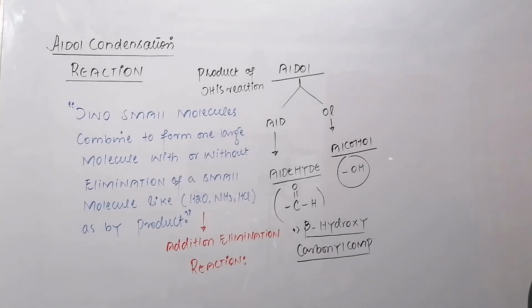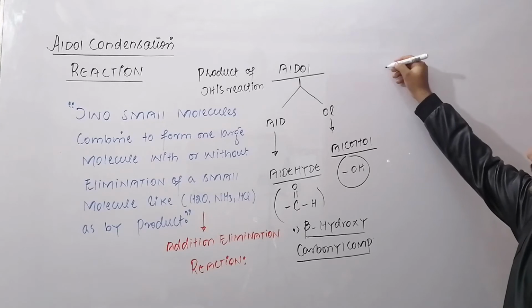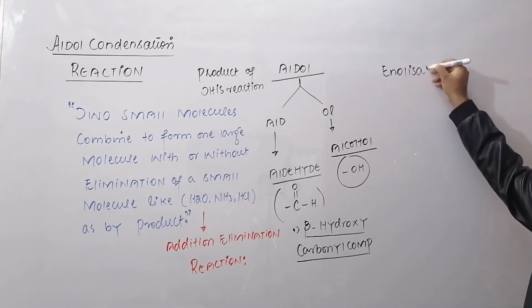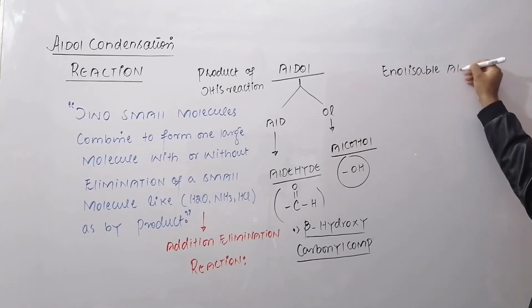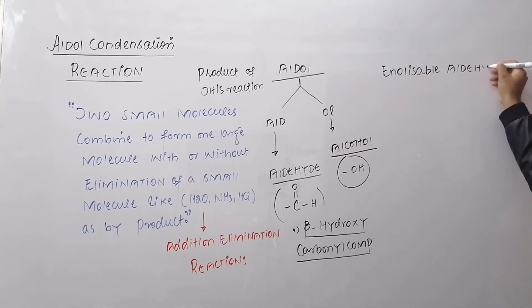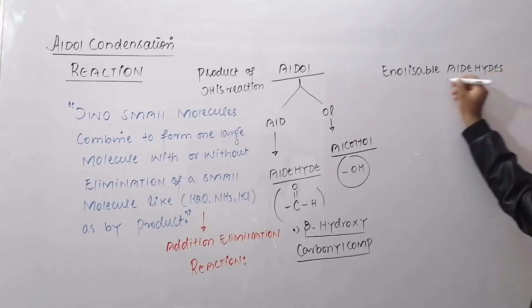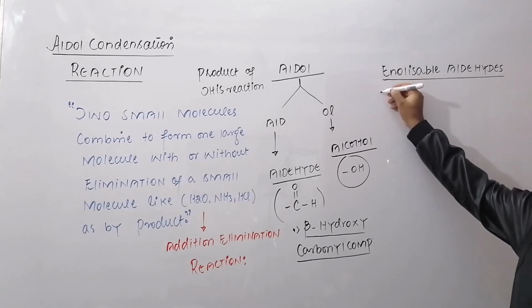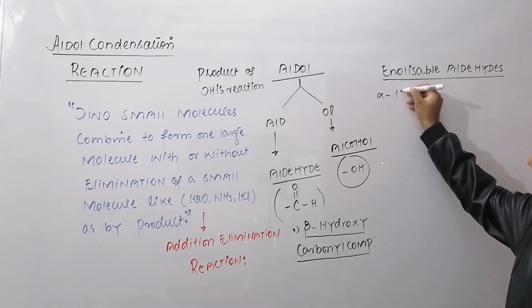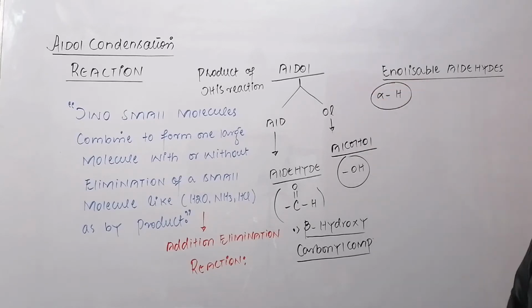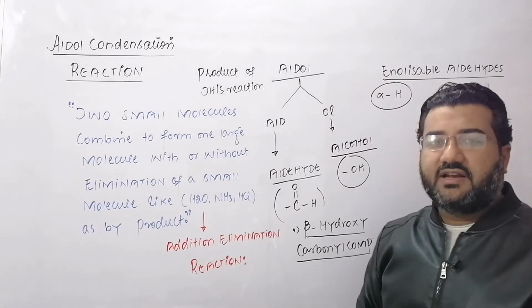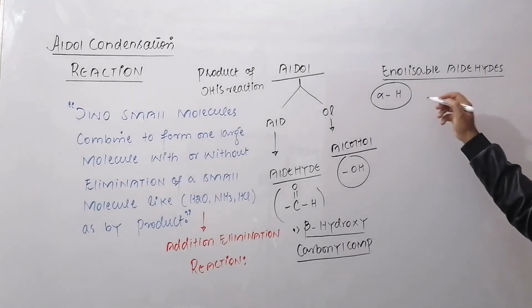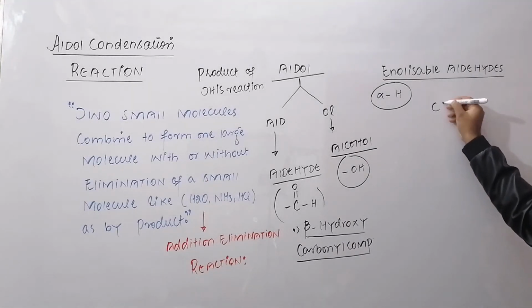My dear students, aldol condensation is shown by only enolizable aldehydes. Enolizable aldehydes are those that have alpha hydrogen.